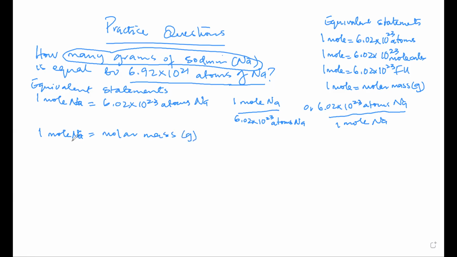In getting the molar mass of sodium, directly from the periodic table, it will be 22.99.